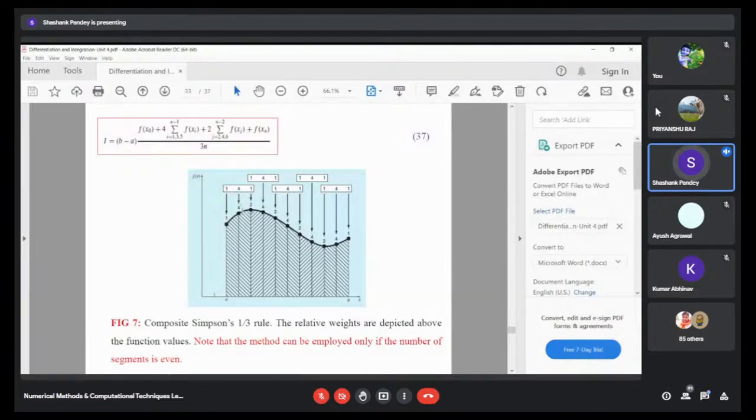So we have multiplied with a factor of 4 this odd point, that is i equal to 1, and the next inner point is multiplied with a factor of 2, and this is how we compute the value of the integral using composite Simpson 1/3 rule.